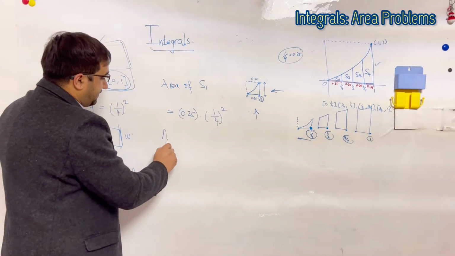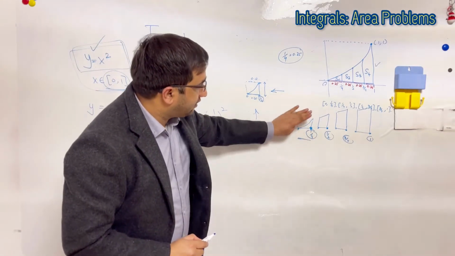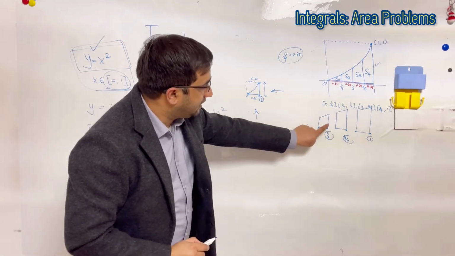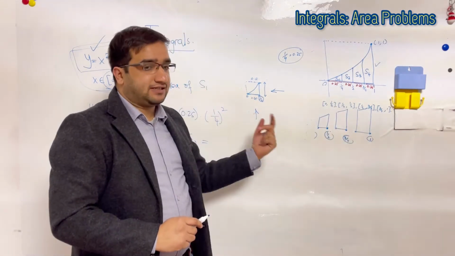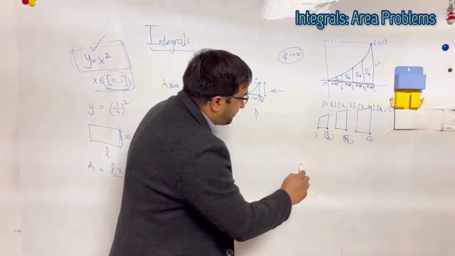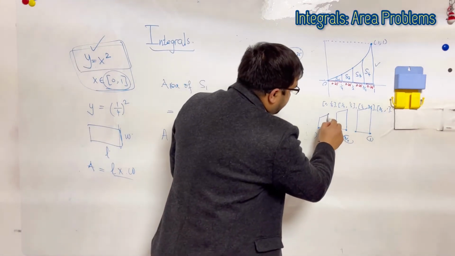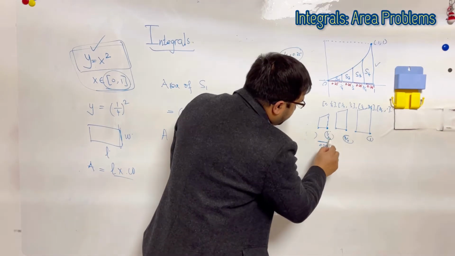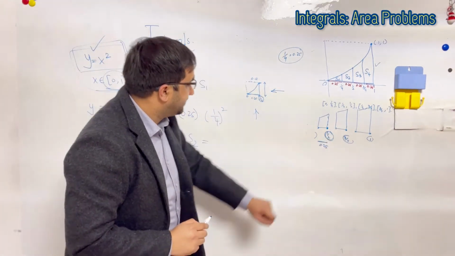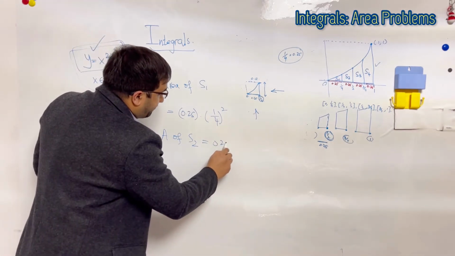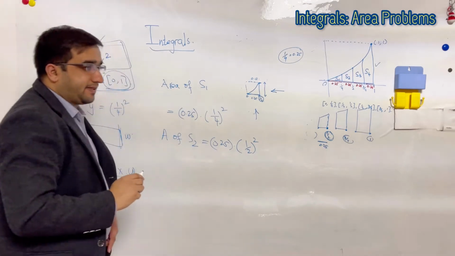Similarly, the area of the second slice. Now forget about this and look at this. Stand here on the right side because we are considering from the right. So I am interested in this thing which is 0.25 and this height which is according to this function, the square of this number. So it is 0.25 into 1 by 2 whole square.